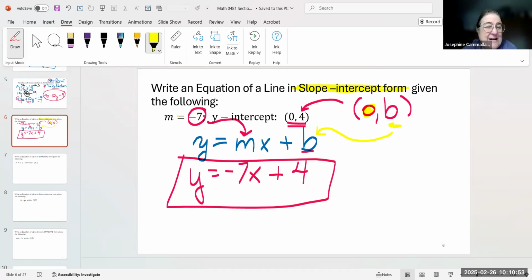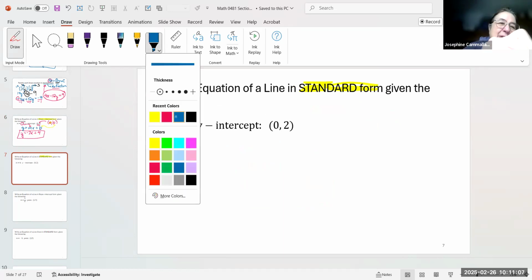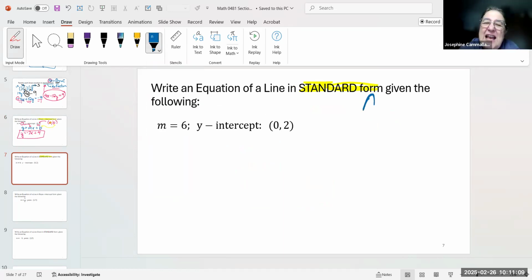Okay. Well, let's try again, except we're going to have a little change here. This is asking you to write your answer in standard form. Well, remember, this is ax plus by equals c. Now, getting to this form, what do I have?